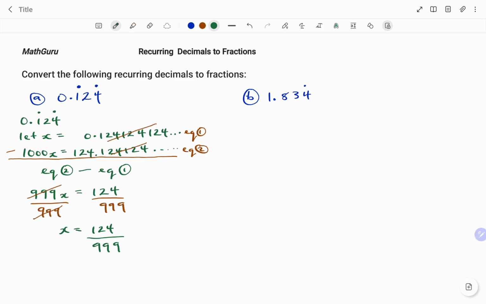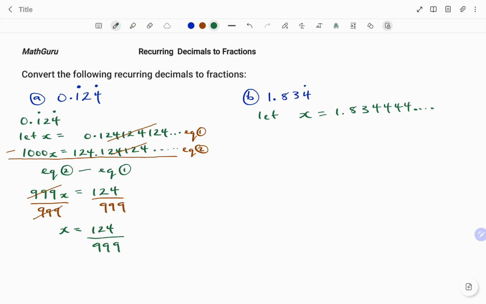In the second example, I have 1.834, and I can see that the recurring symbol is on my 4. So what that means is only 4 is recurring. So therefore, let x equal 1.83444, and that goes on.